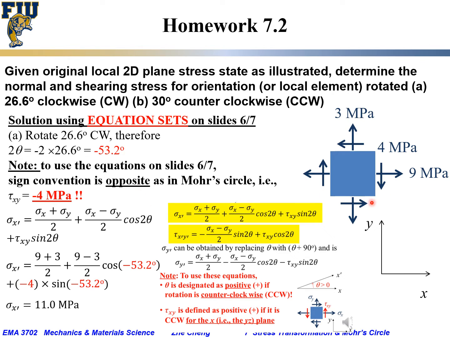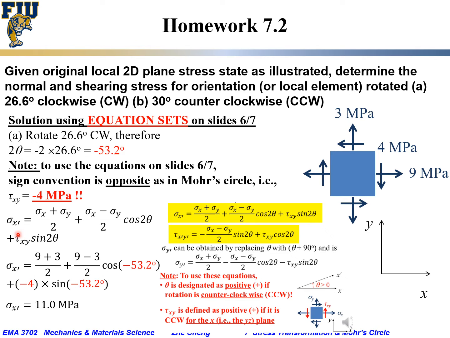So this one is rotating the other way. We call it a negative 4. Or you call it tau xy, which means in the plane perpendicular to x-axis, but it's opposite to the y, so it will be negative y. So if we're going to use the equation set, instead of 4, it will be negative 4 megapascal for tau xy.